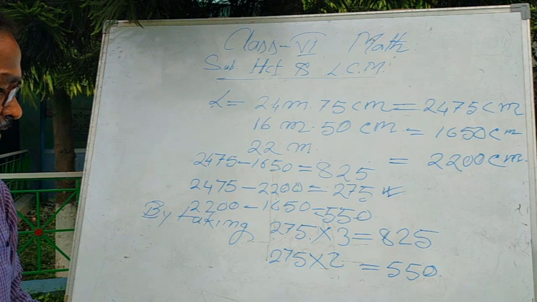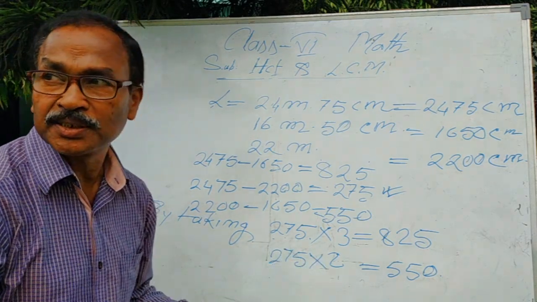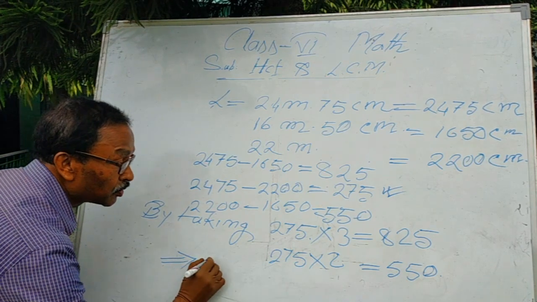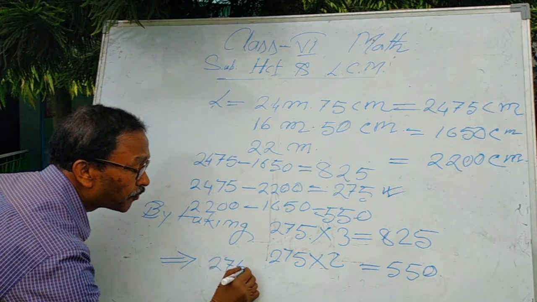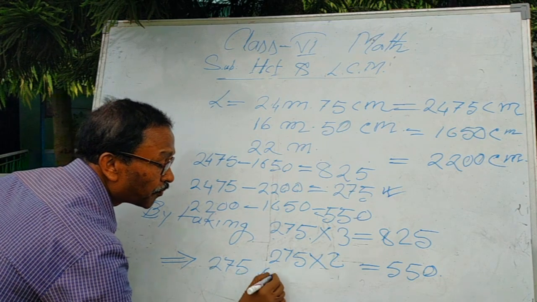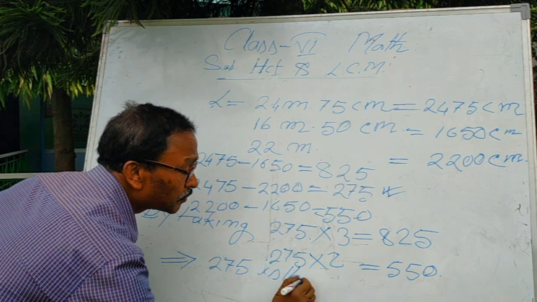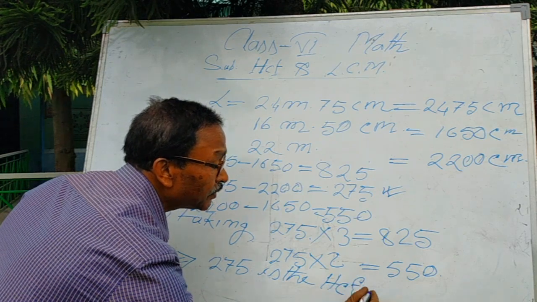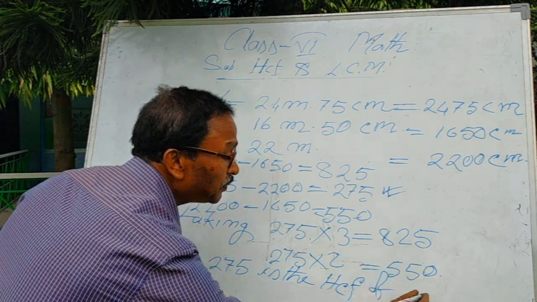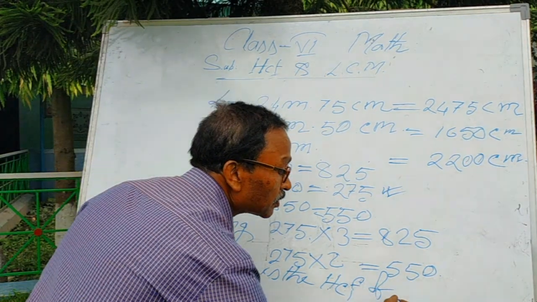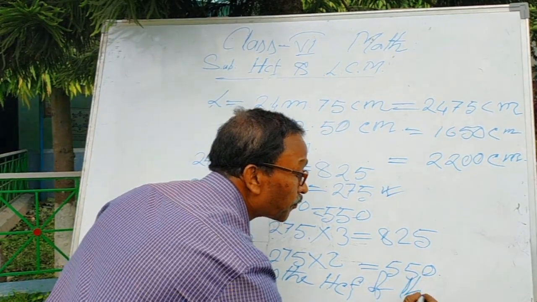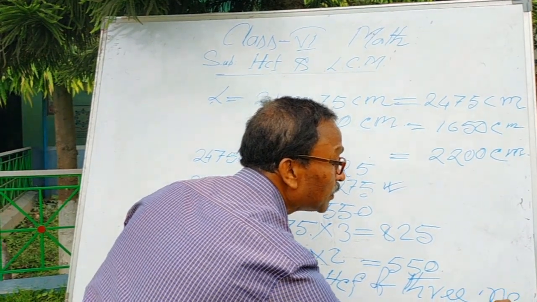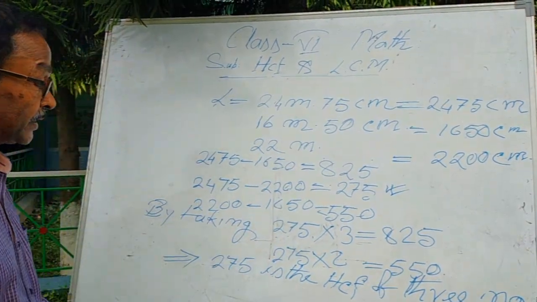That implies 275 is the HCF of these numbers.